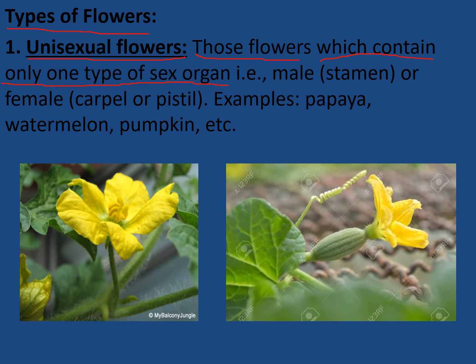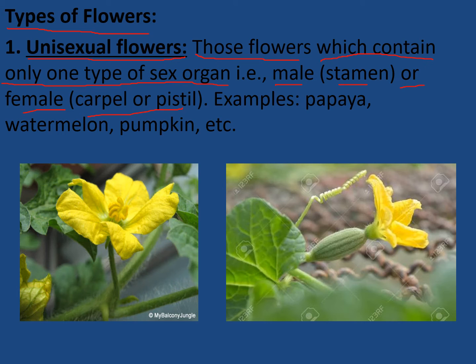There is male, the stamen, or female, the carpel or pistil. In this type of flower, it contains only one sex organ, either male or female, that is either stamen or carpel, anyone.